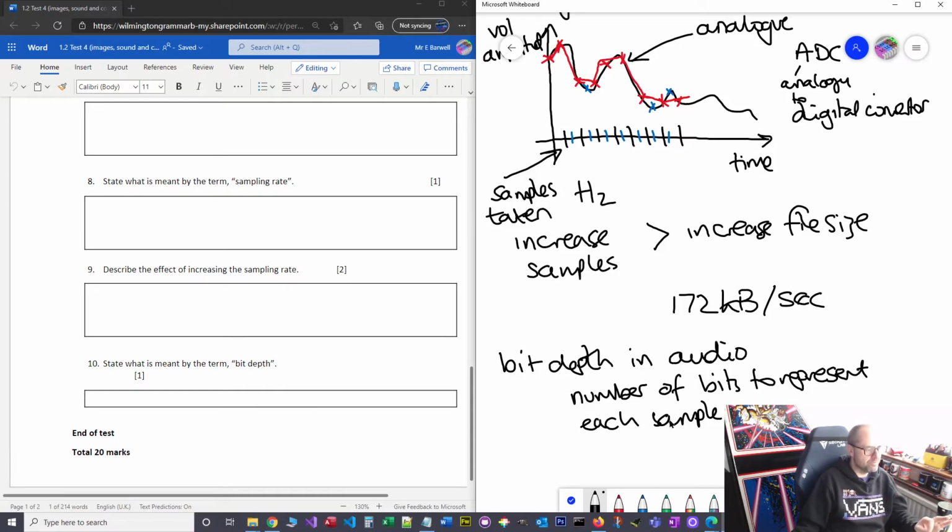So if we was to do 8 bits, that means we could represent 256 values or levels of volume. If we was to use 1 bit, we could represent 1 level of amplitude, either no sound or there is a sound. If we used 4 bits, we could represent 16 levels. Okay, so it does matter in how accurate we record the height of the wave. So the bit depth in audio is the number of bits to represent each sample. So the height of the wave.